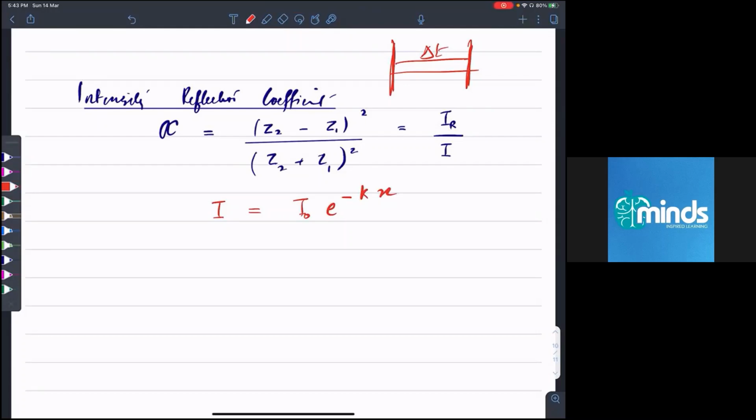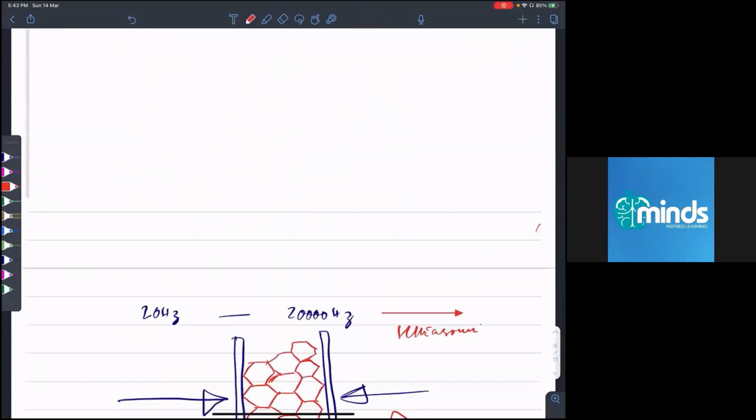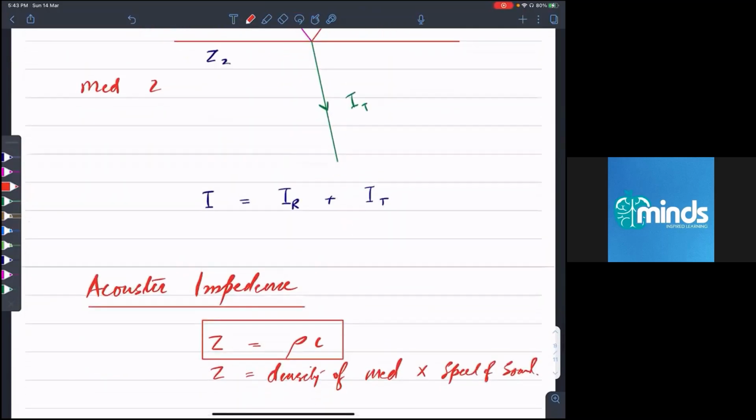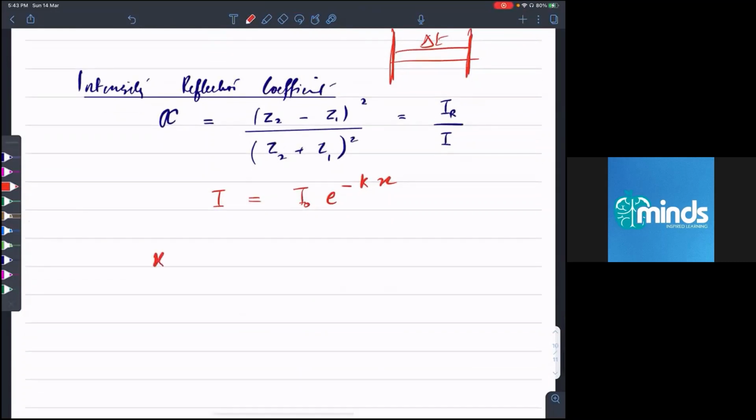I simply changed the variable because mu is what we usually use as the absorption coefficient in the case of X-rays. I call it k. If you want, you can call it mu. In some books, they use the same thing. I equals I naught e raised to minus kx, where k is the absorption coefficient.